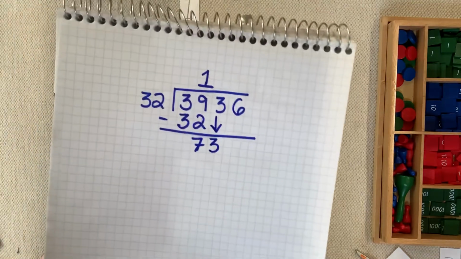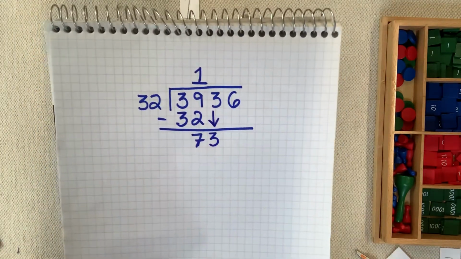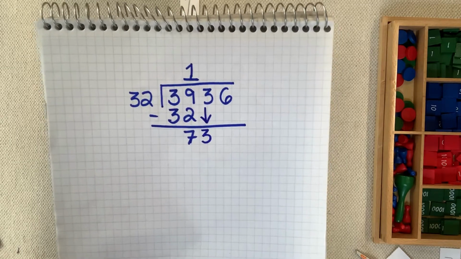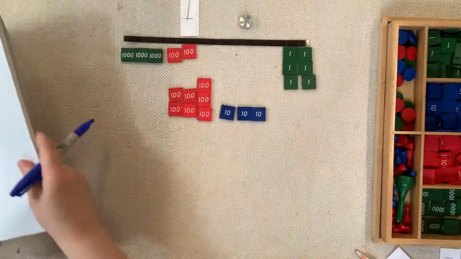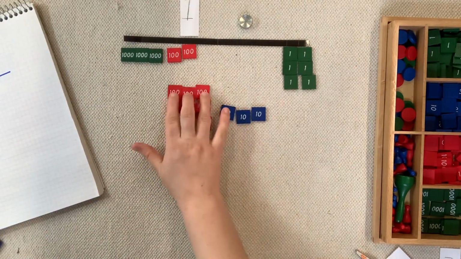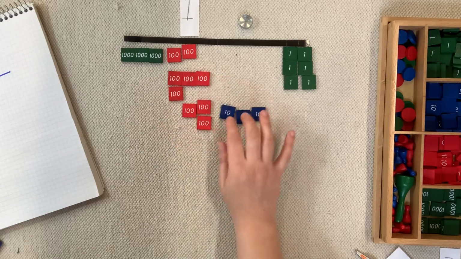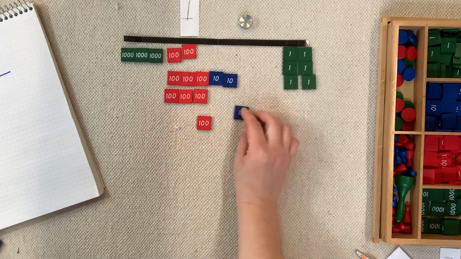So now I'm going to ask, how many groups of 32 tens can I make if I have 73? Well, let's try this. Okay, so 10, 20, 30, 10, 20, 30.